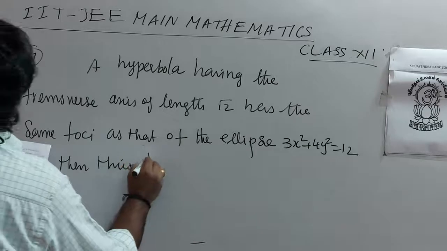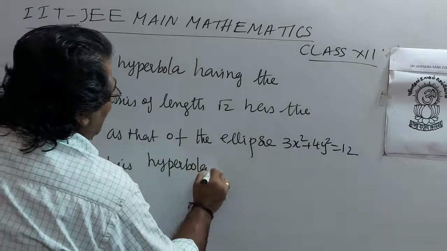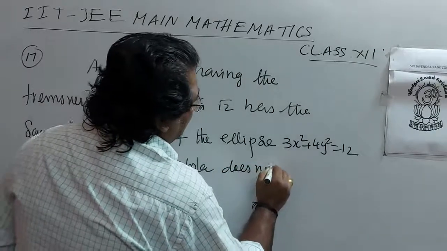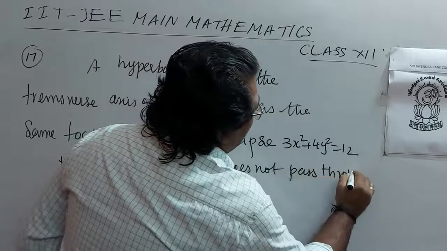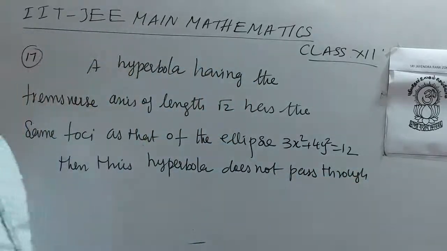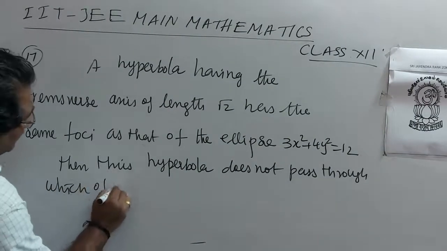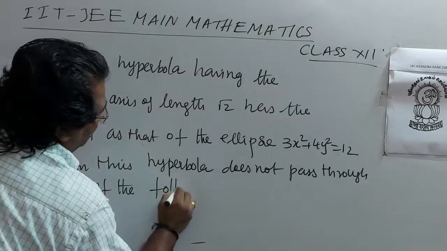Then this hyperbola does not pass through which of the following points?